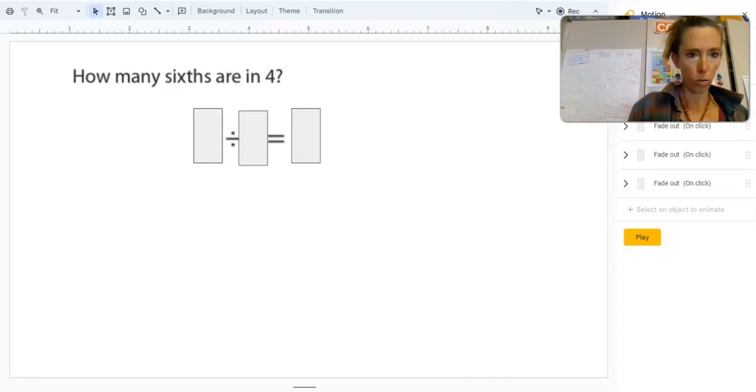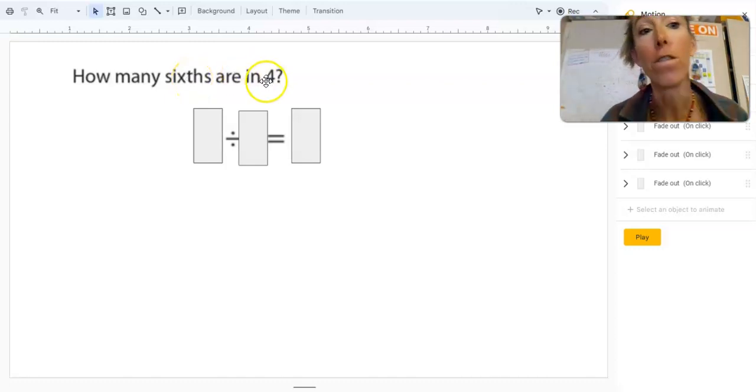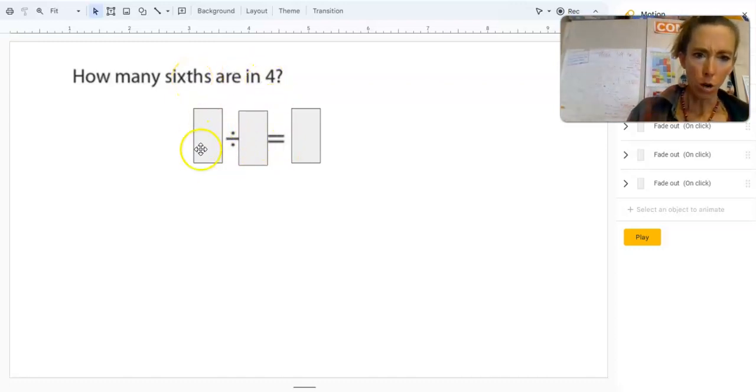Okay, we have just a question. The division problem isn't even there. Good luck. Okay? So here's the question. You try to write the division problem. Okay? How many sixths, that's fun to say, sixths are in 4? What's my first number gonna be, the dividend? If I'm asking how many sixths are in 4.